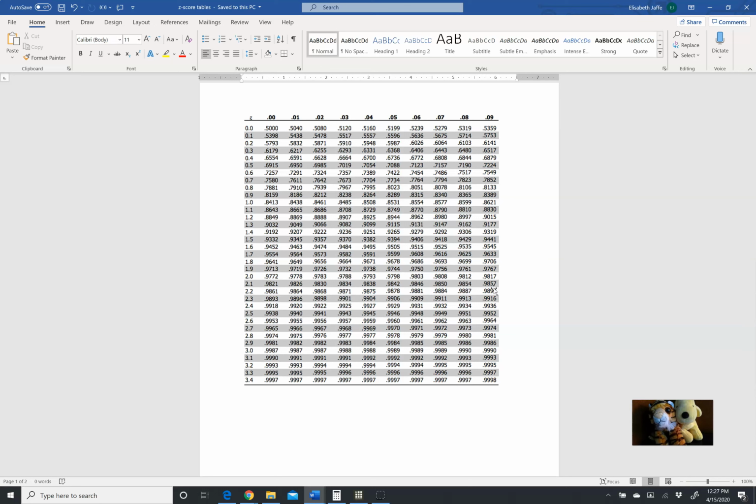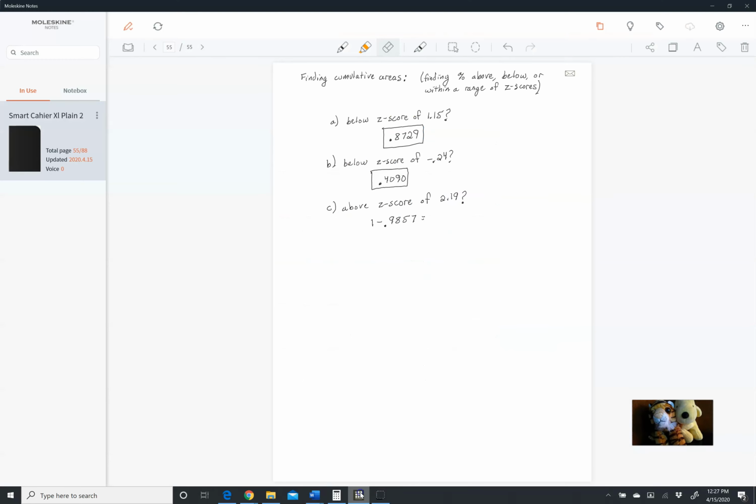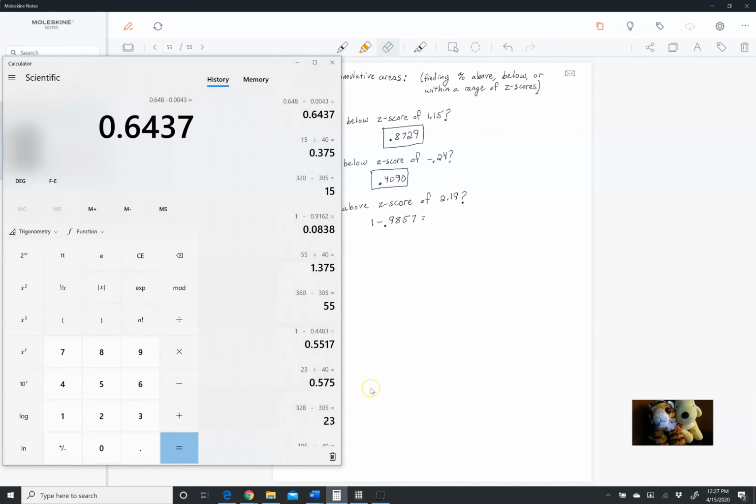So it's going to be 1 minus 0.9857. If we do 1 minus 0.9857, we get 0.0143.